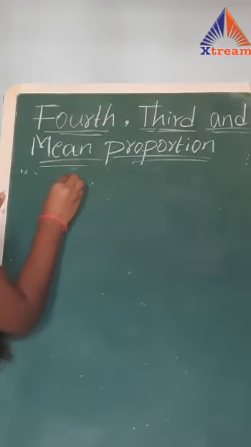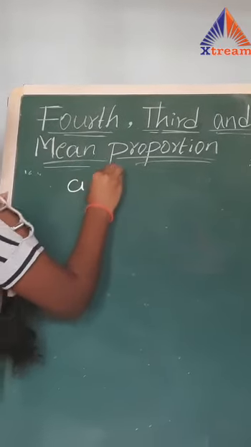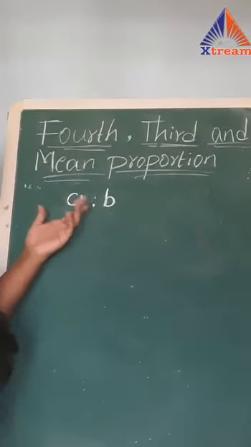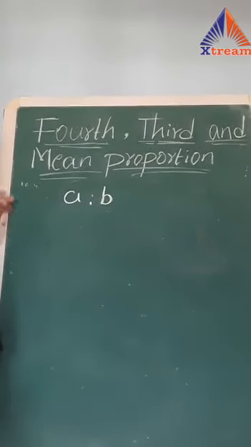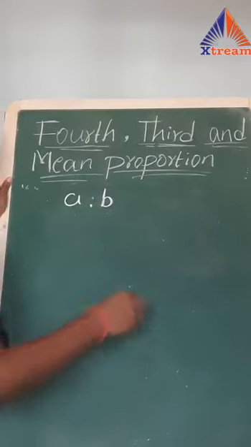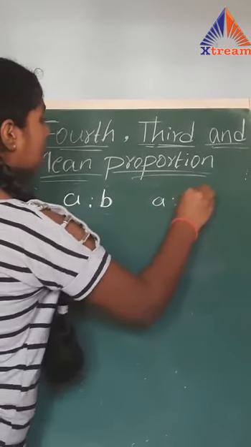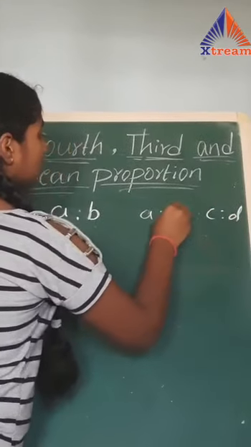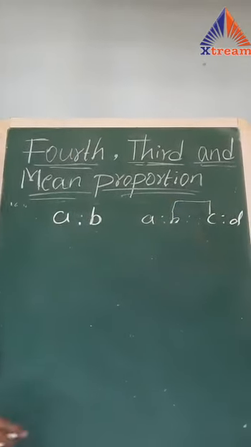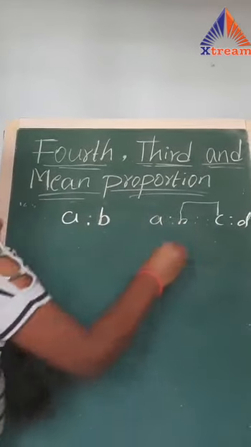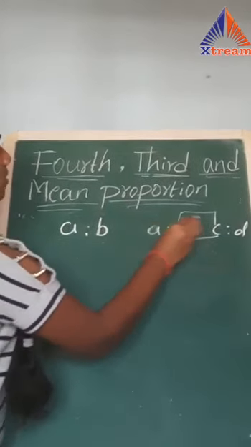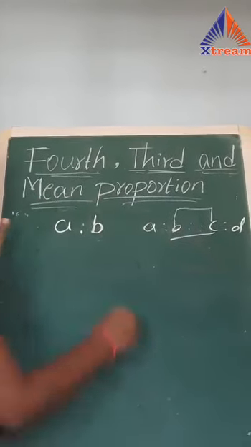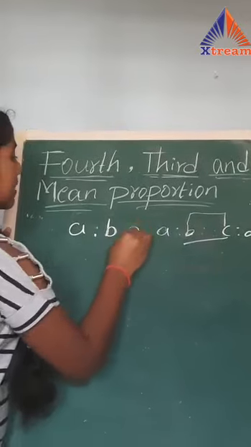In the mean proportional also they will give us only two terms, as in the previous one. First, what do we mean by mean? In a proportion, the middle two terms are called means, and the outer terms are called extremes. As they ask us to find the mean proportional, we take the middle two terms as x.